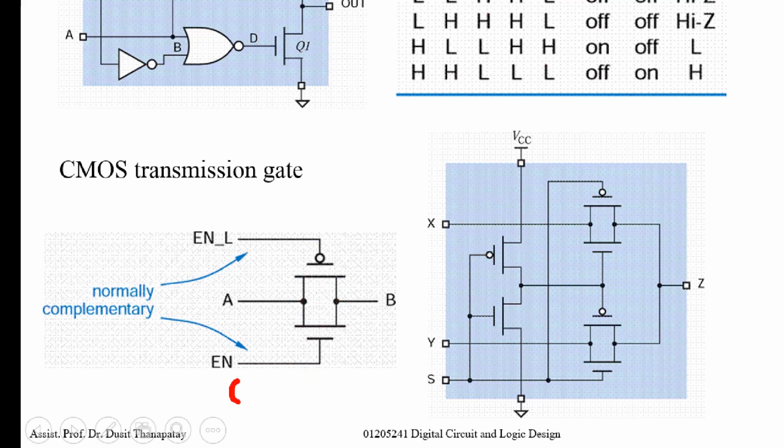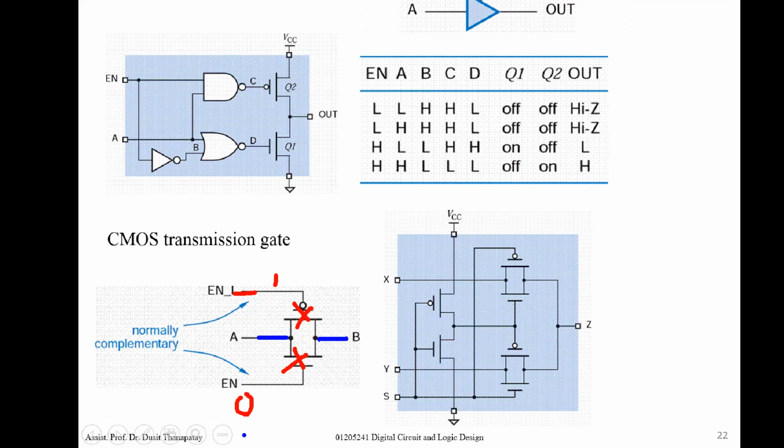And if enable is 0, this one is opposite, then becomes 1, then turns off. Now B is not connected to A, they are separate, or you can treat it as an open circuit at the output.